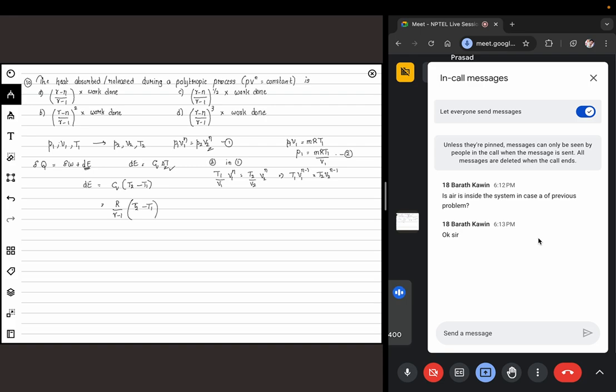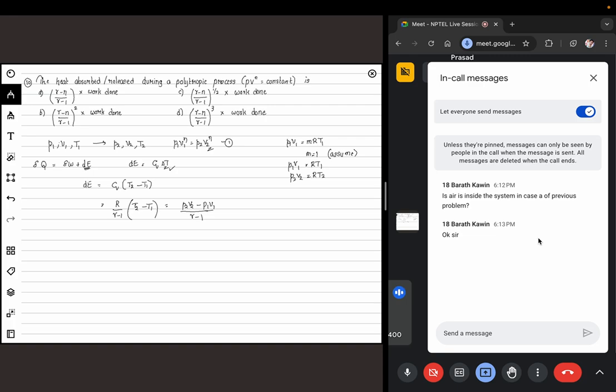If you consider a unit mass system, R times T2 is P2 V2, R times T1 is P1 V1, divided by gamma minus 1. Maybe we don't require this, so I don't want to confuse you. This is just for simplicity. So P1 V1 is given as R T1 and P2 V2 is given as R T2.